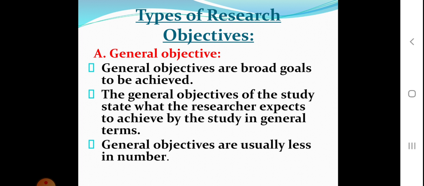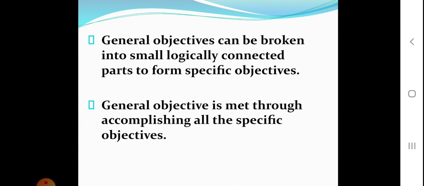General objectives can be broken into small logically connected parts to form specific objectives. The last point in general objectives is that the general objective is met through accomplishing all these specific objectives. This is about general objectives.